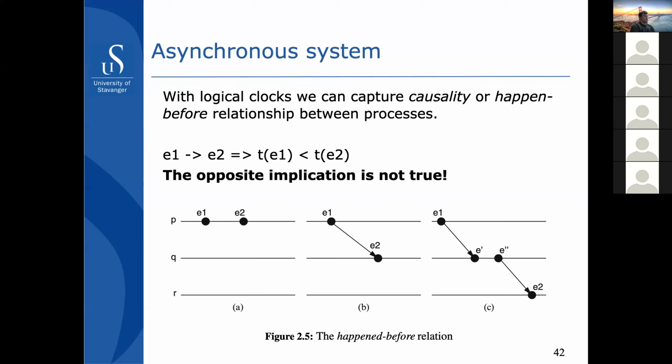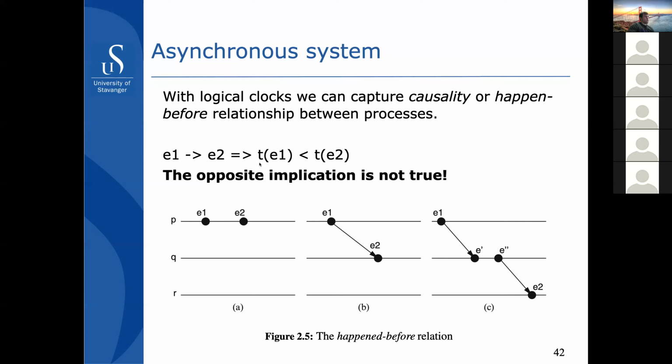And in example C, over here, when P does event 1, it attaches some number, and this number is relayed to process R here. So by this you can deduce that event 1 must be before event 2.